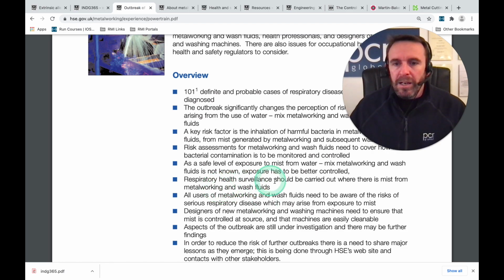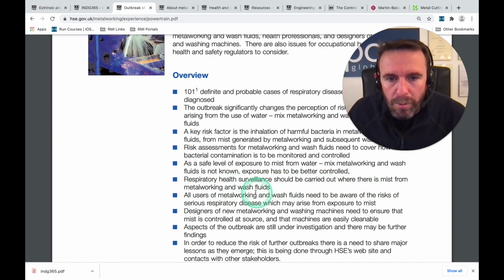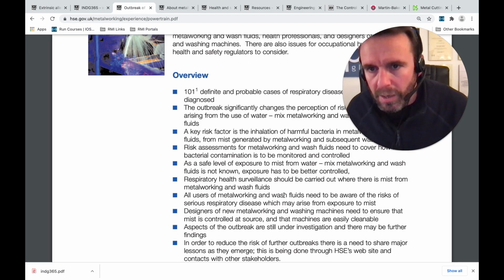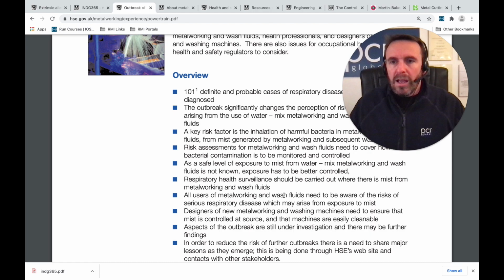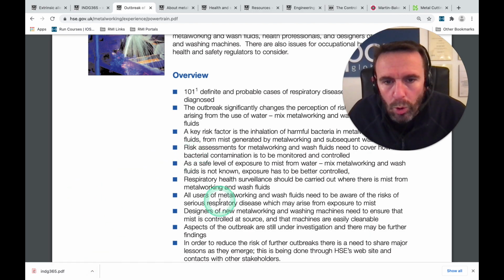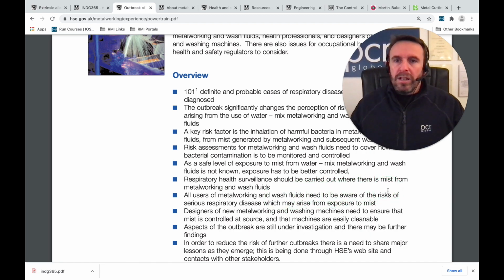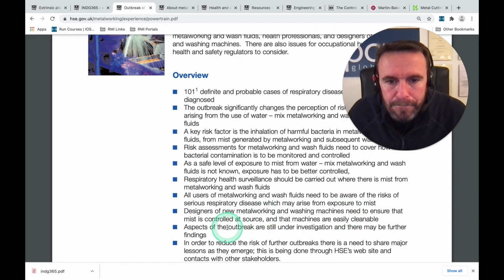Respiratory health surveillance should be carried out where there is mist from metalworking and wash fluids. This means you're falling now under health surveillance, so you're probably going to be requiring the use of an occupational health professional. All users of metalworking and wash fluids need to be aware of the risks. Information, instruction, supervision and training. We've got to get that out to people.